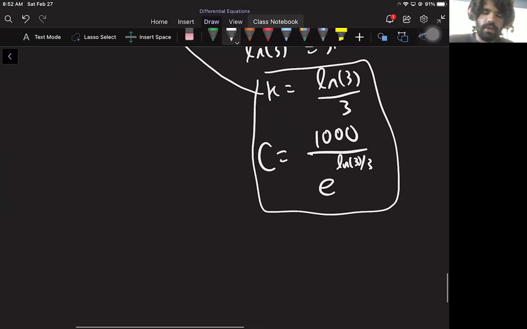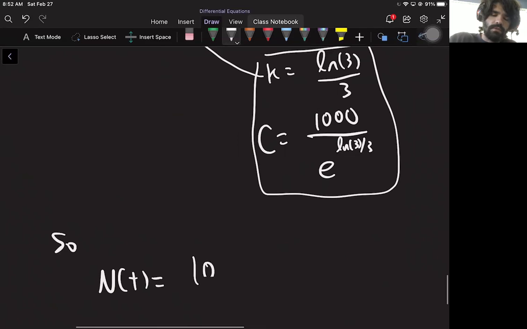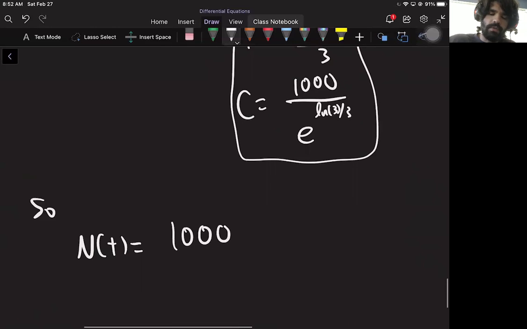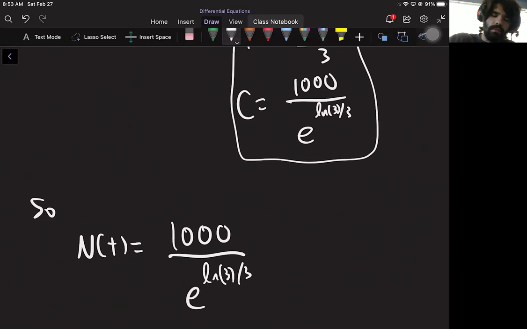So then to actually answer the question, what is the function that describes the amount after time t? Well, it's this same function, but now I know what my 2 constants are. I know what c is, and I also know what k is.